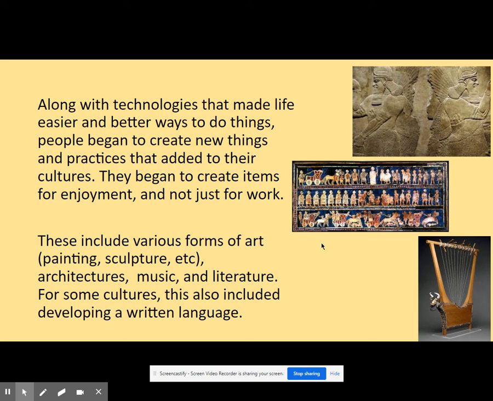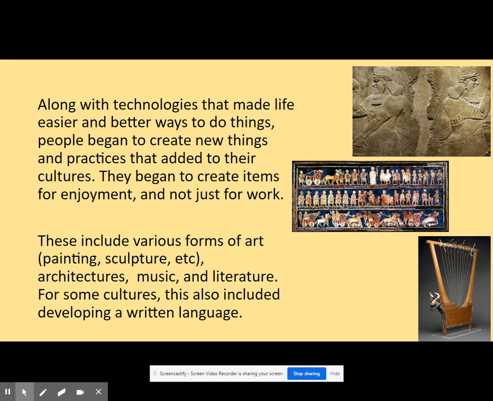And these are going to be things like different forms of art. So we're going to see new sculptures and paintings. This is a tapestry, so it's something that is woven with different fibers and fabric. We're going to see architecture being built that is not just for shelter. So we're going to see major religious buildings or government buildings.